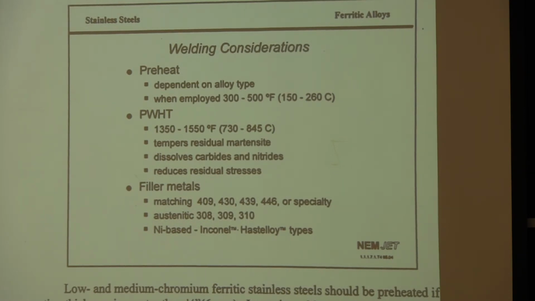The filler metals that are typically used, a lot of times you use a matching filler metal. Sometimes, depending on the application, you would actually use an austenitic filler metal. And high nickel alloys can also be used.